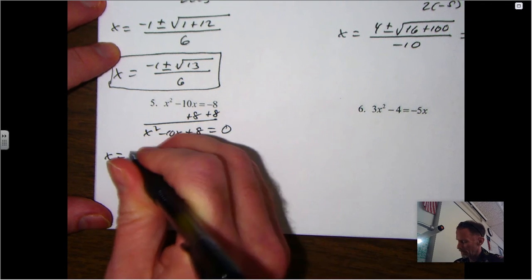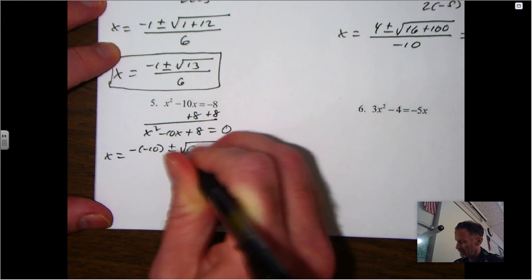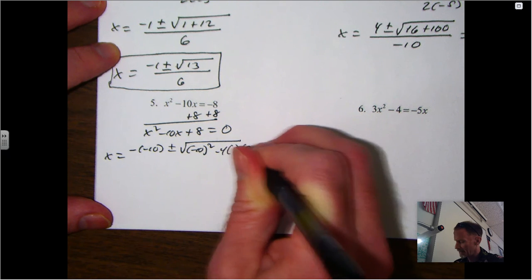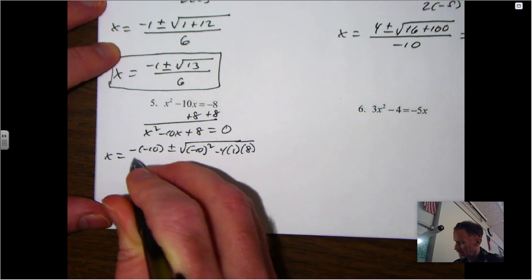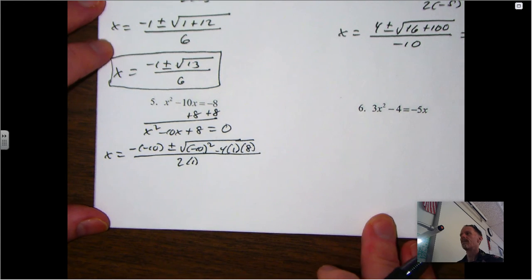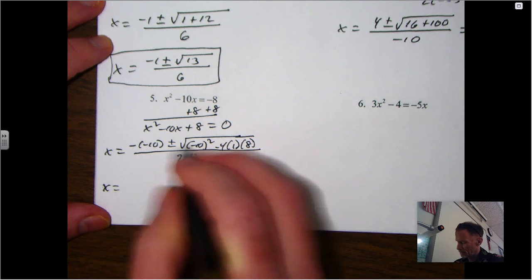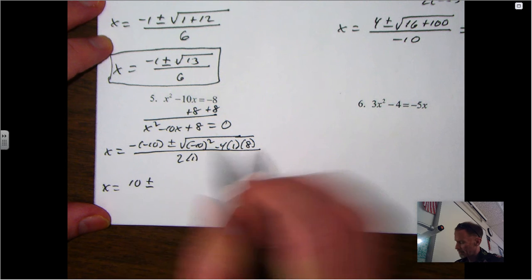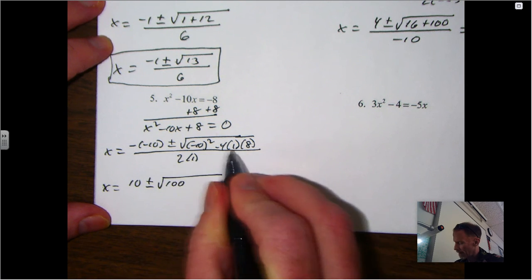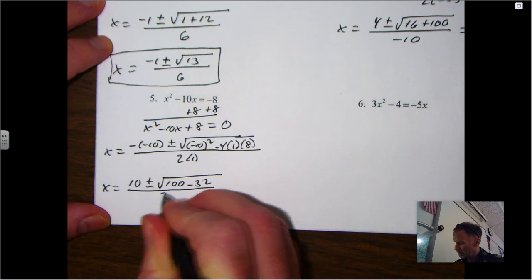So x equals negative 10, negative 10 squared minus 4 times 1 times 8, all over 2 times 1. Clean it up. X equals positive 10 plus or minus the square root of 100, again, always going to be positive, minus 32, over 2.